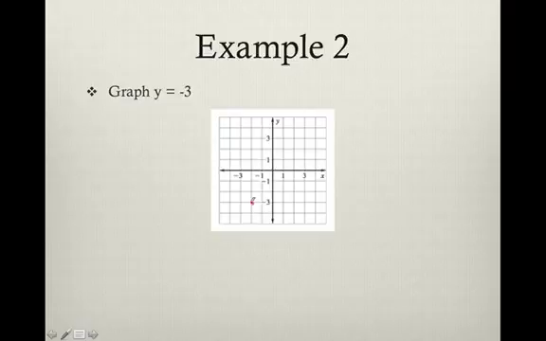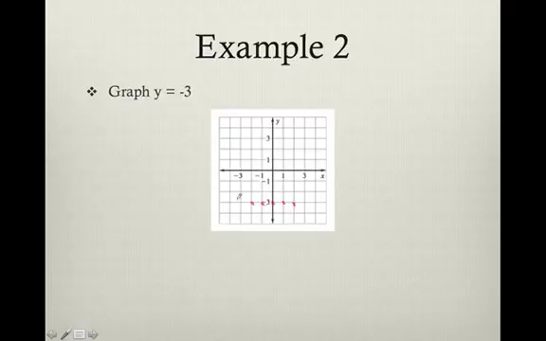No, I had done it right. -1, -3. No, I had done it incorrectly. 0, -3. There we go. 1, -3. And 2, -3.